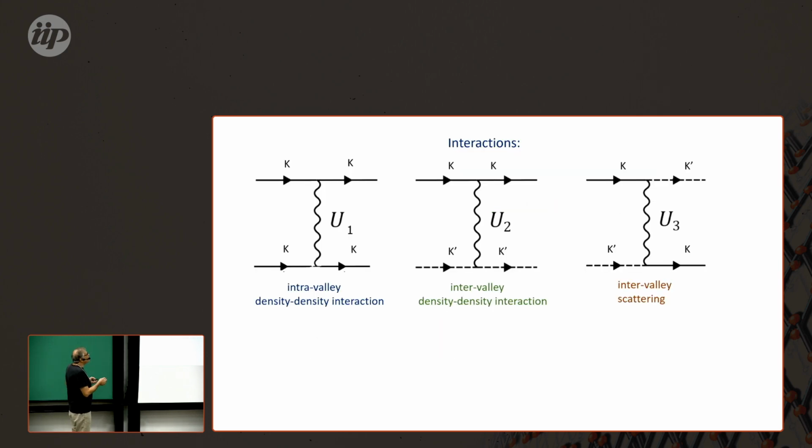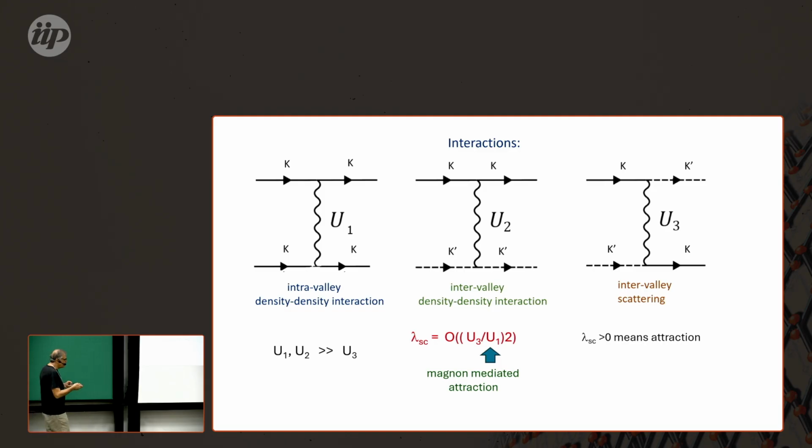The game is with three types of interaction: density-density interaction within one valley, density-density interaction between one valley and another valley, which is inter-valley density-density, and exchange. And when you do all calculations of the same type that I told you, for an isotropic two-dimensional ferromagnet, the ordered state is completely spin polarized, so with the same machinery as we did before, you do get attractive interactions the same way as I showed you before, but it has this wonderful ratio of this interaction and this one.